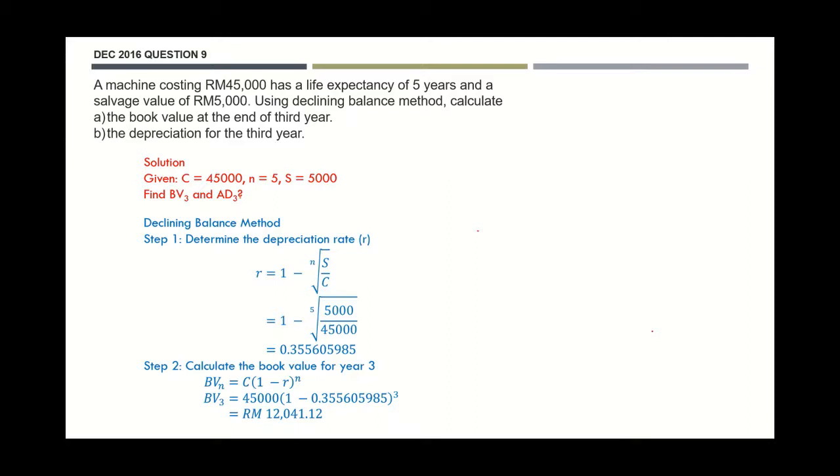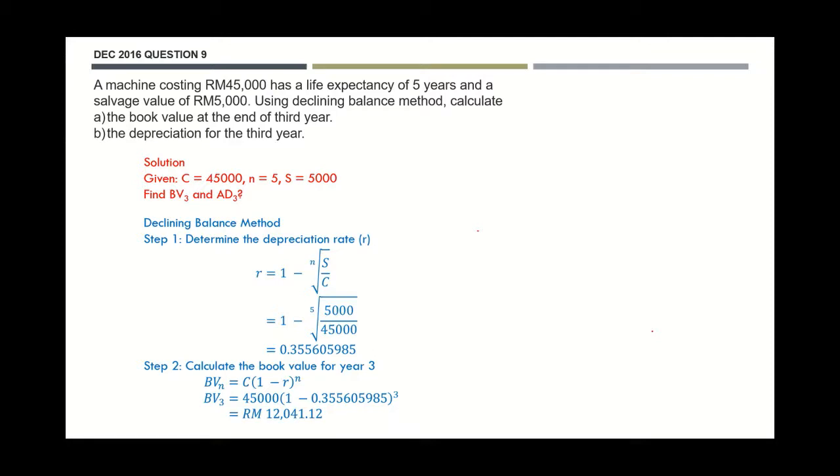Remember in our previous video, when I discussed the slide presentation, I mentioned that to find the annual depreciation for the declining balance method, you have two ways: one is by using the accumulated depreciation, and the other is by using the book value.